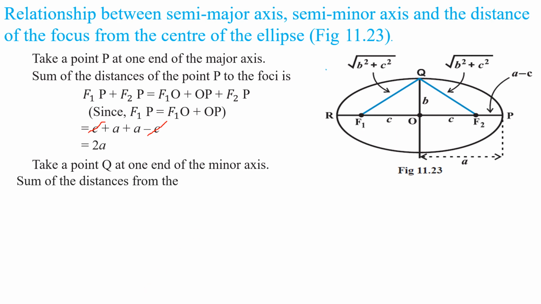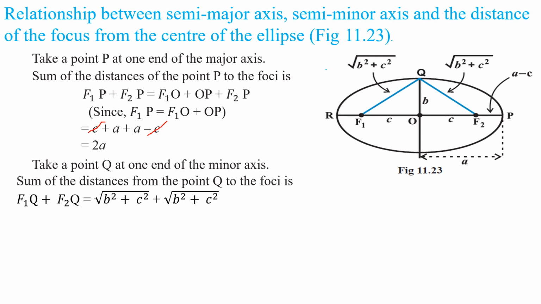The sum of the distances from the point Q to the foci: as we have found in the case of the point P, here also let us find the sum of the distances from the point Q to the foci. So what is the sum of the distances from the point Q to the foci? F1Q plus F2Q.